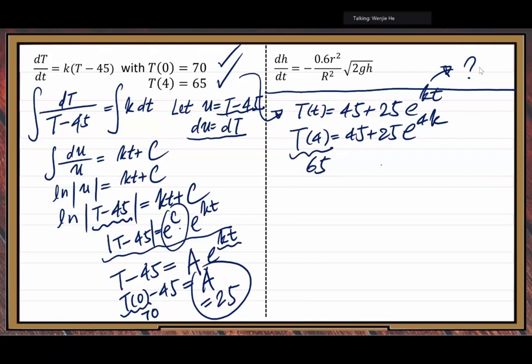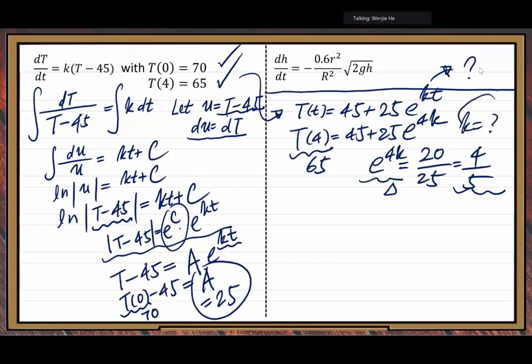Then we have e to the 4k equals 20 over 25, simplified to 4 over 5. You can solve this equation for k with a calculator, but we do not have to do that calculation.